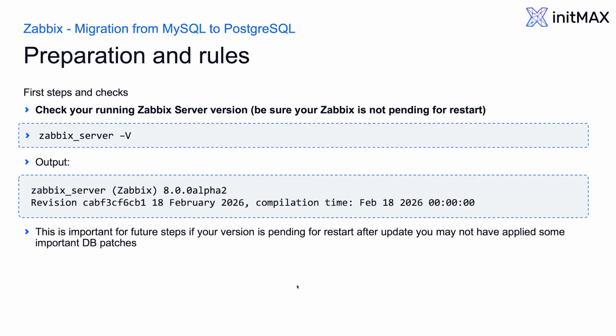So, the first thing that you need to do is check your Zabbix version, and we did that already in one of the first minutes when we started this webinar.